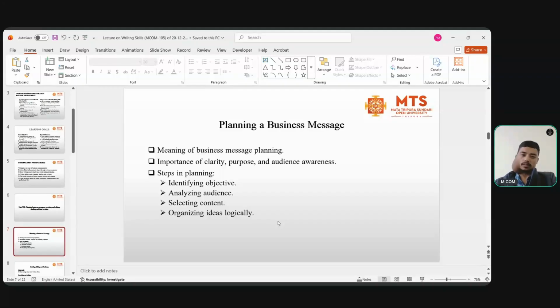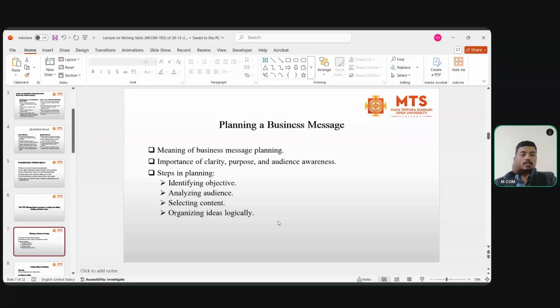Is it to inform, request, explain, or persuade? The next step is analyzing the audience. You must think about who will read your message. Their position, knowledge, and expectation also matter.